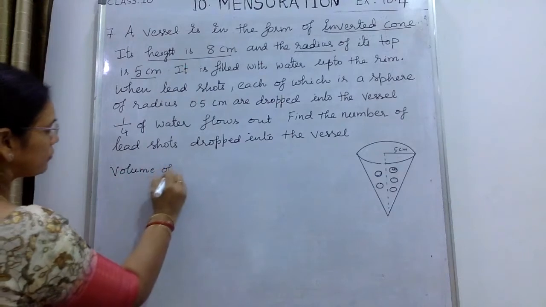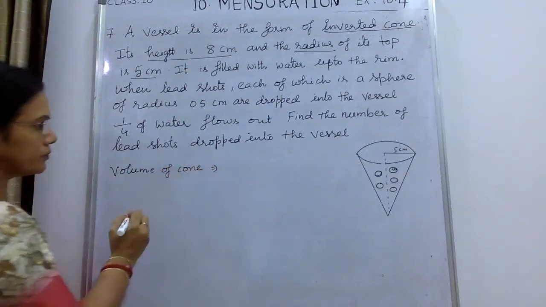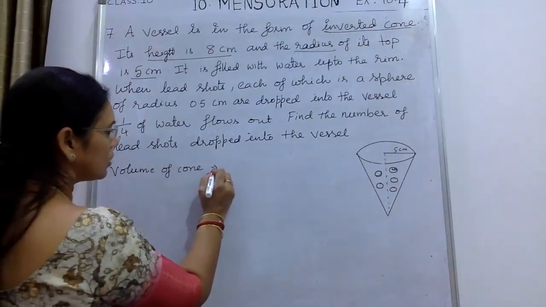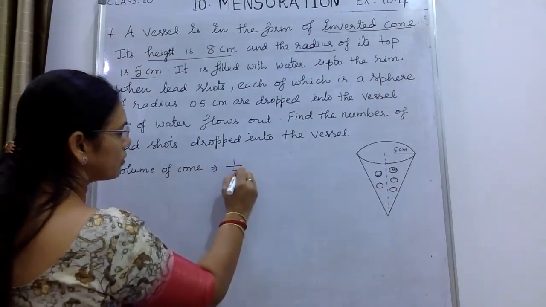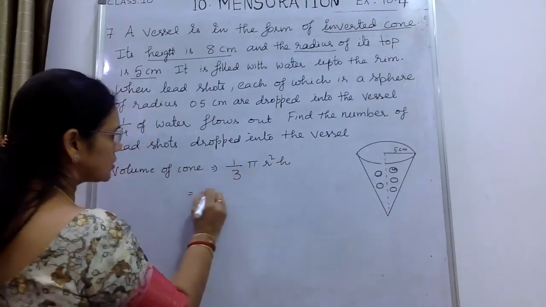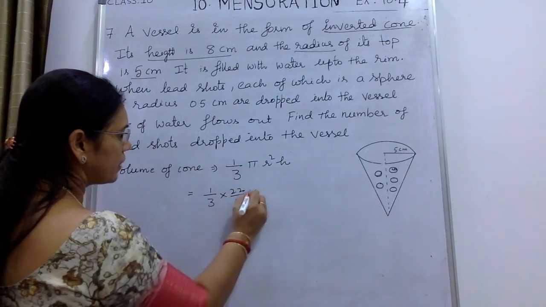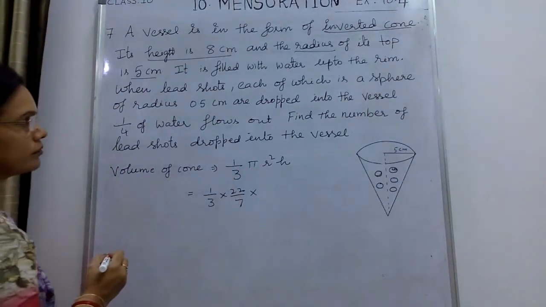Volume of cone. We know the formula to find the volume of the cone: 1/3 pi r square h. Here pi is 22/7.